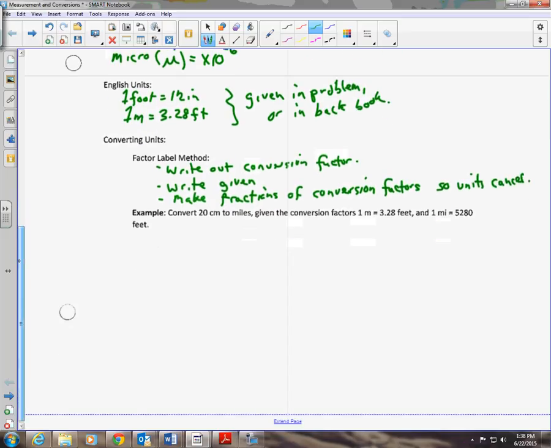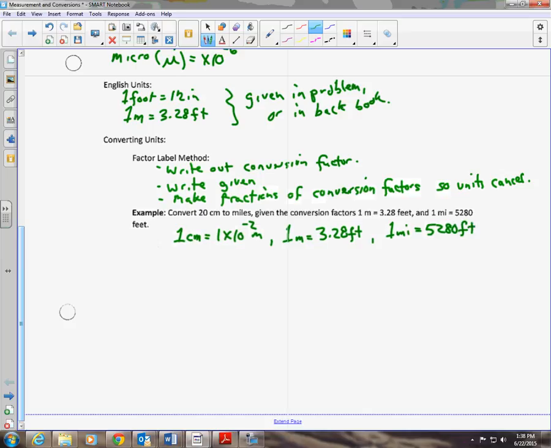So here's an example. We're going to convert 20 centimeters to miles. Given the conversion factors, 1 meter is 3.28 feet, and 1 mile is 5280 feet. We're also going to have to go from centimeters to meters. So I'm going to write down my conversion factors: 1 centimeter is 1 times 10 to the minus 2 meters, 1 meter is 3.28 feet, and 1 mile is 5280 feet.